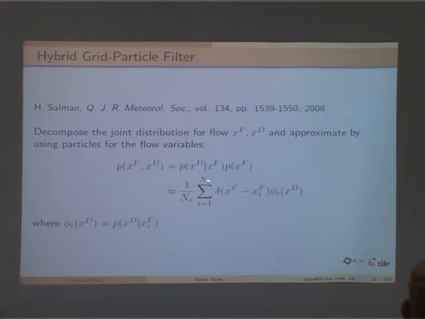You simply write it using the definition of the conditional distribution, and then write an approximation for the flow variable by using particles, but keep the conditional distribution exact. This is an approximation, of course, because we don't know what it is, which is why there is an index i on this. For each different flow particle, there's a different distribution associated with each flow.